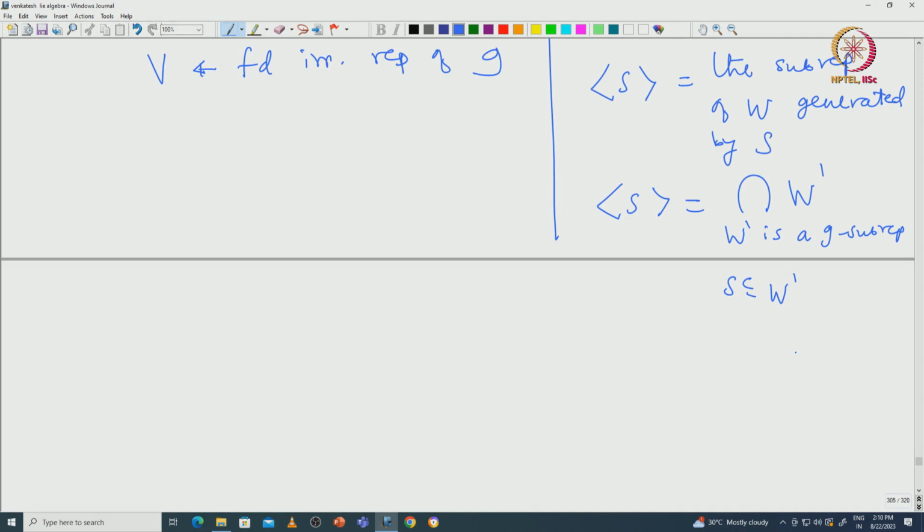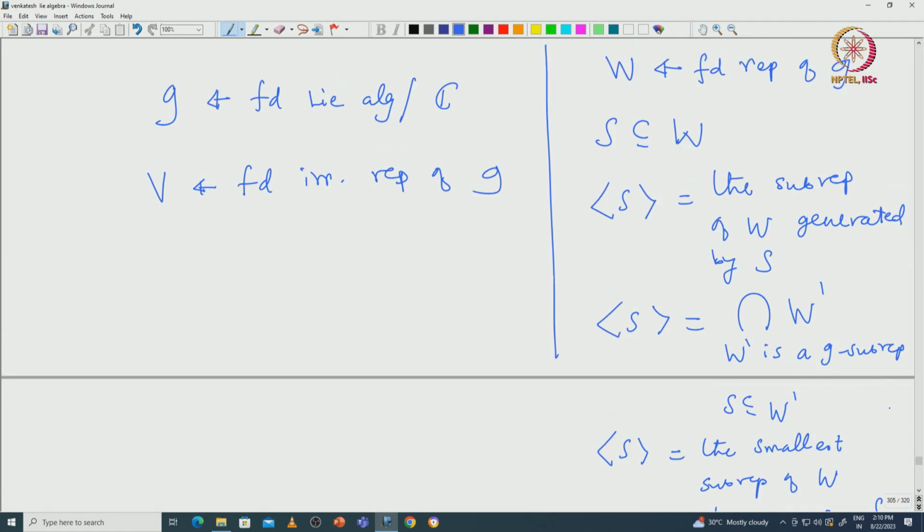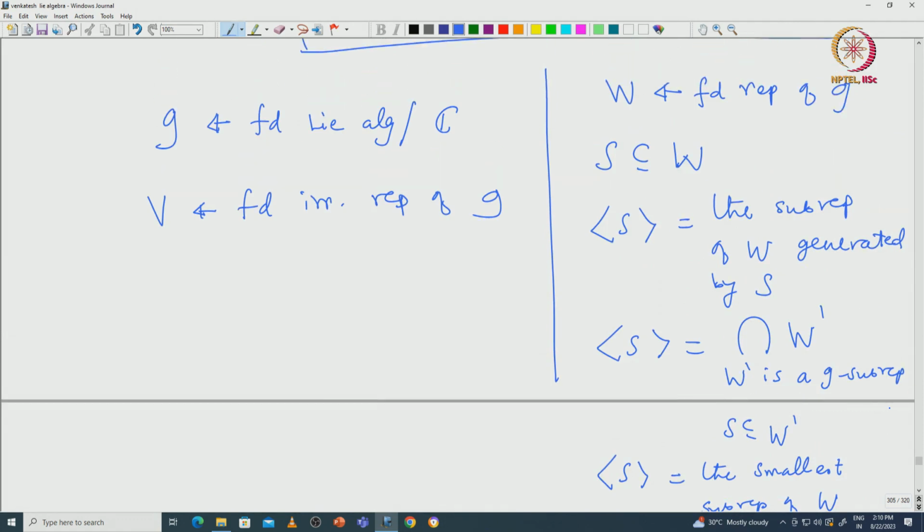So, in particular, the sub-representation of W generated by S is the smallest sub-representation of W that contains S. Okay. So, now let us specialize to this finite dimensional irreducible representation.